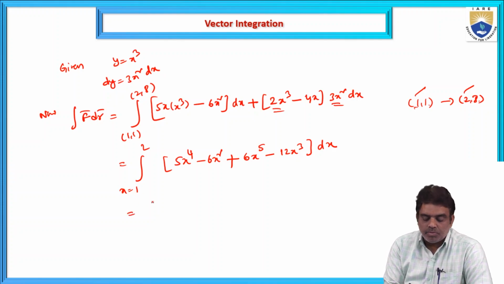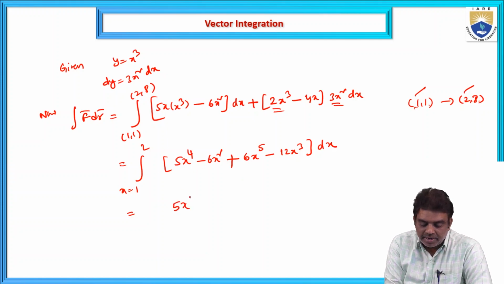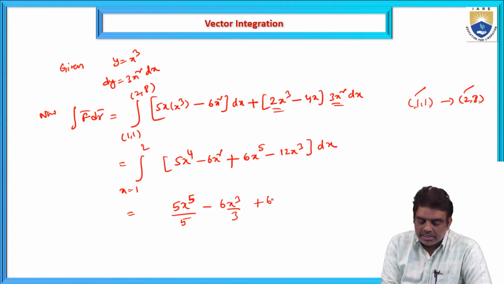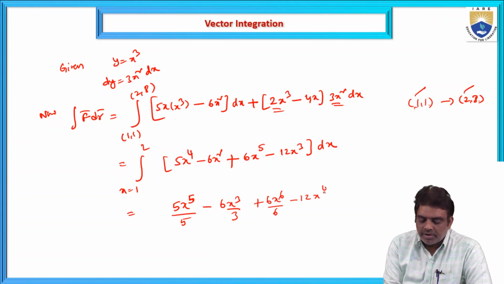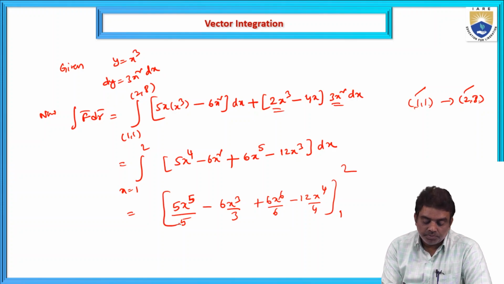Now on integrating, the integral of 5x power 4 dx is 5x power 5 by 5, minus 6x cubed by 3, plus 6x power 6 by 6, minus 12x power 4 by 4, between 1 and 2. So 5 cancels.